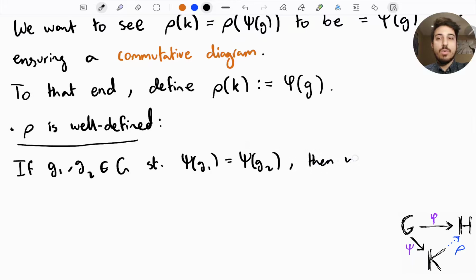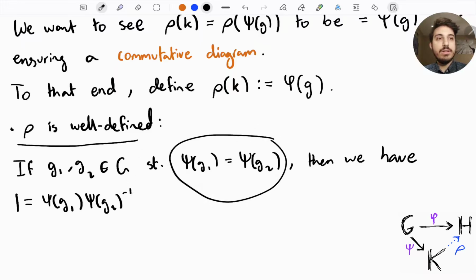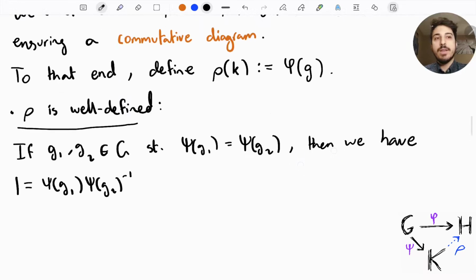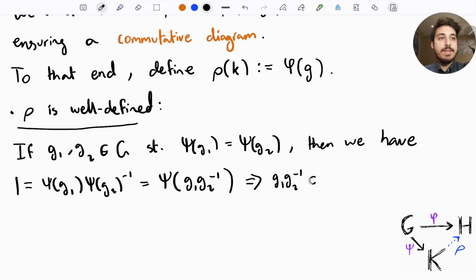Then we have that the identity is equal to psi of G1, psi of G2 inverse. All what I did is I used this equation here by multiplying both sides by psi G2 inverse. And because psi is a homomorphism, this is psi G1, G2 inverse. That means G1, G2 inverse is in the kernel of psi.